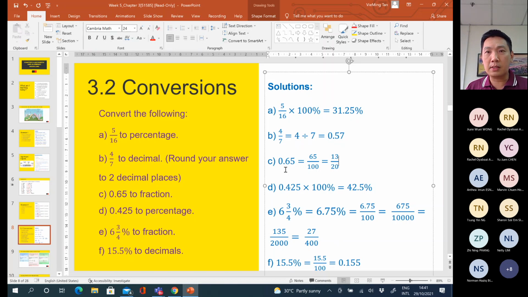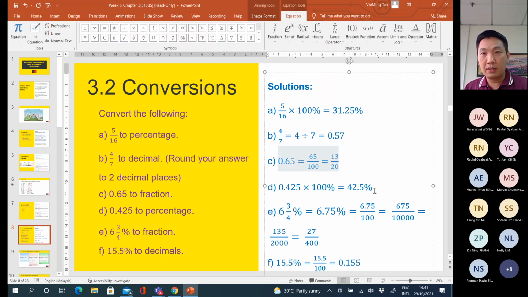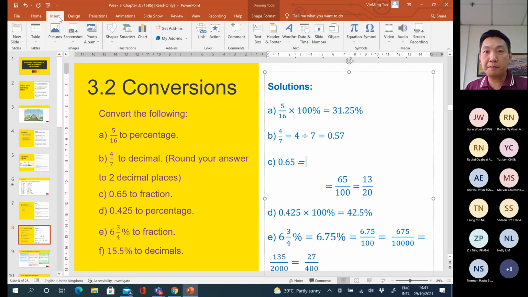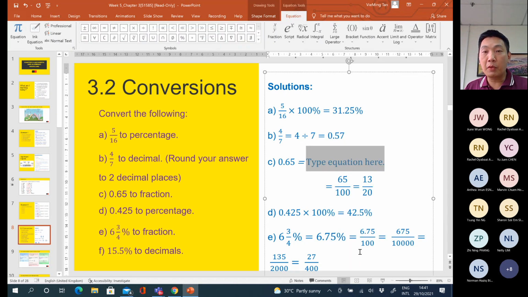So what you can do is, okay, I can add information here. This one, okay, you can just do a drop, right? Now we want to change this decimal number into fraction number.